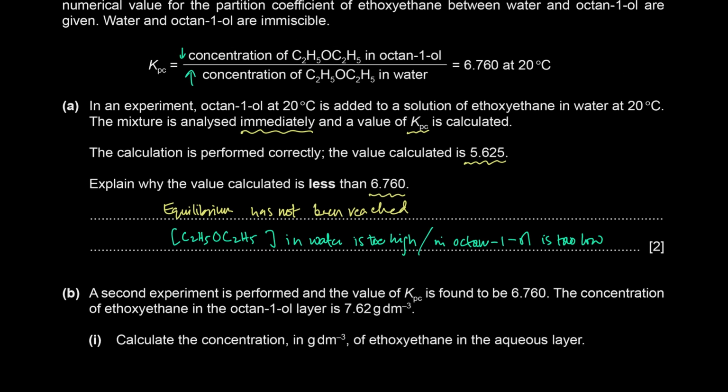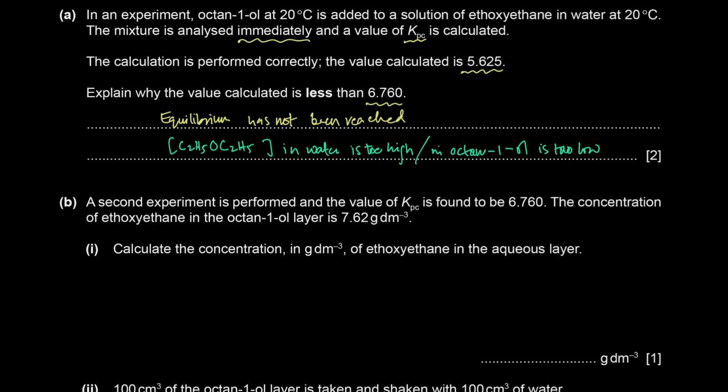Okay. Now, what we have is the Kpc over here, right? We have Kpc is equal to the concentration of ethoxyethane, C2H5OC2H5, in octan-1-ol, divided by the concentration in water, or aqueous.